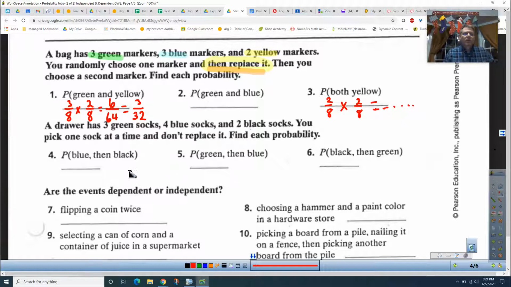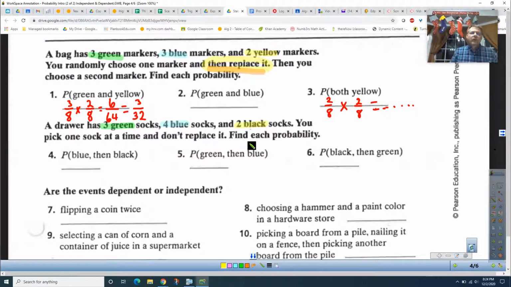Okay. All right. Now, what about this guy? Oh, my. Socks. Oh, everybody loves socks when you're talking about probability. Everybody loves socks. So we got 3 green socks. We got 4 blue socks. And I'm going to do 2 yellow. Yellow and black go together real well, don't they? I hope so.